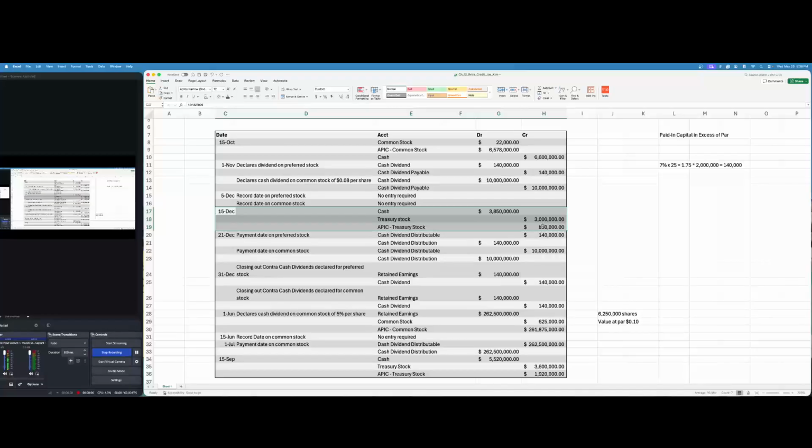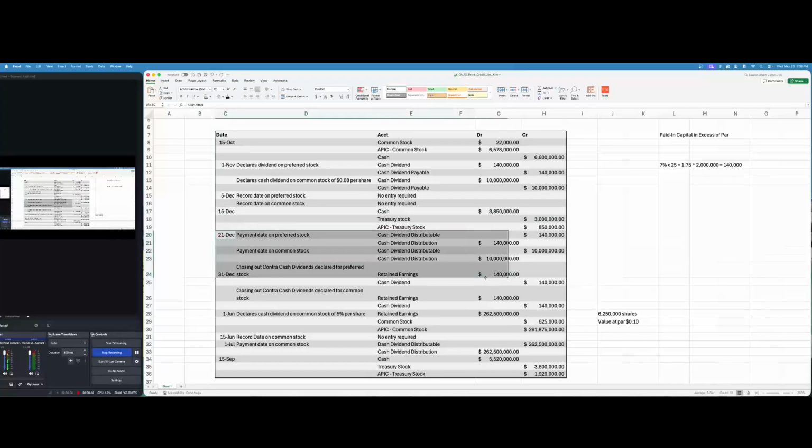That was based off the market rate, and if there is a certain amount that they made, that's additional paid-in capital in excess of par, more than what it was. I don't know if that's supposed to be income, actually, now I think about it.